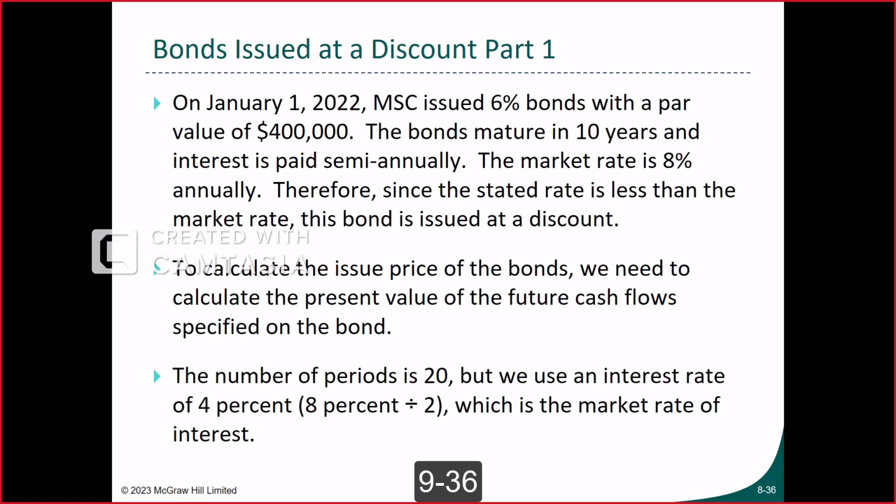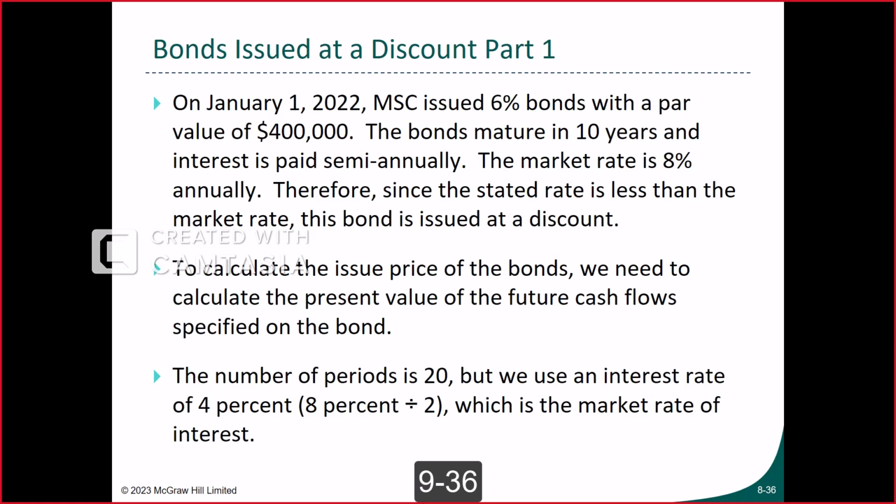Let's start with this illustration. On January 1st, 2022, this company issued 6% bonds. What is this 6%? The coupon rate. Okay. January 1st, 2022 is what?